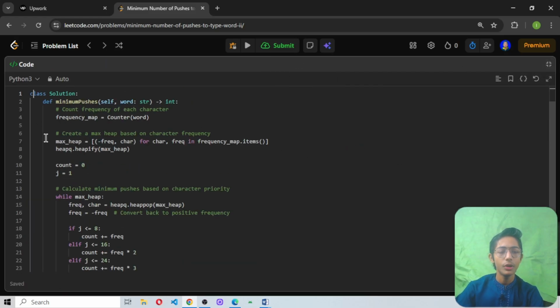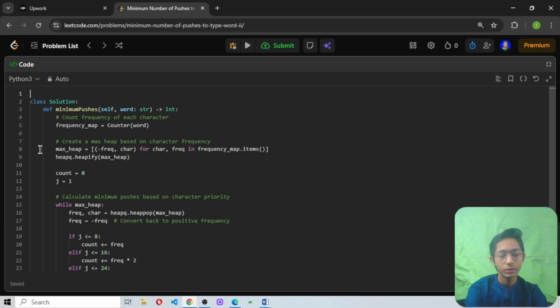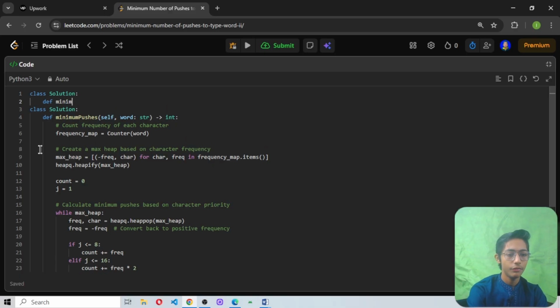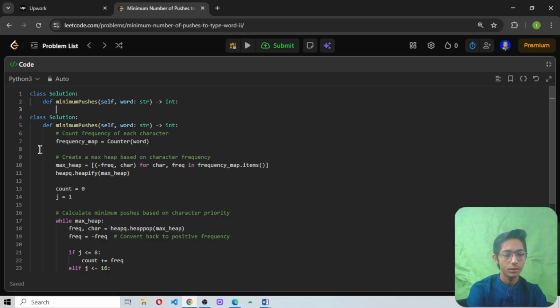First of all, we are solving this question in Python. We write class Solution, def minimumPushes(self, word: str). Here we are not writing any comments, because it would clutter our code.